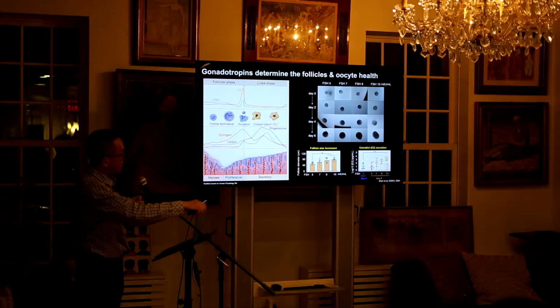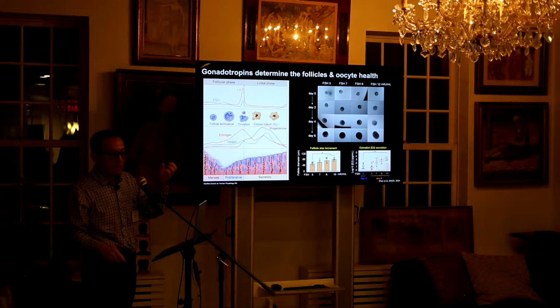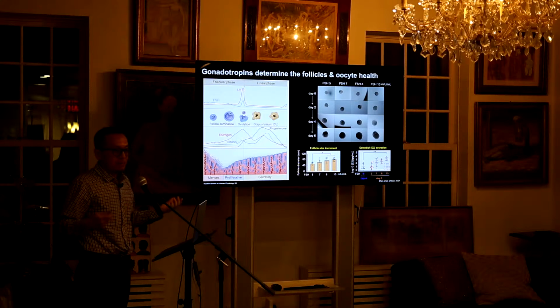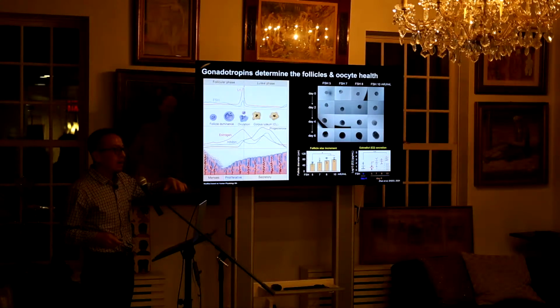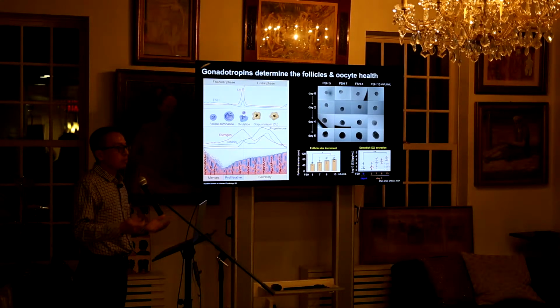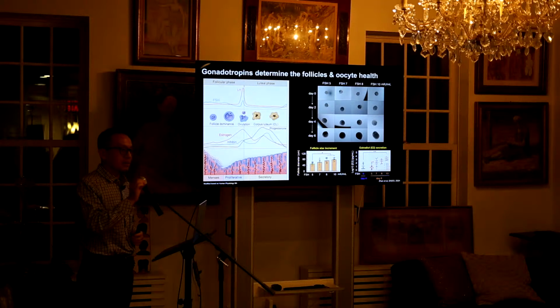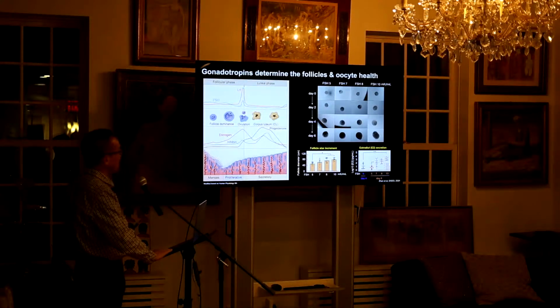Only the most sensitive follicle will be picked, and then due to the negative feedback mechanism, the FSH will go down, and the other subordinate follicles will go for atresia because they don't have sufficient FSH. We just recently published a review paper discussing that, but it's so hard to convince the monkey people to accept our idea. Yeah, I will keep trying.